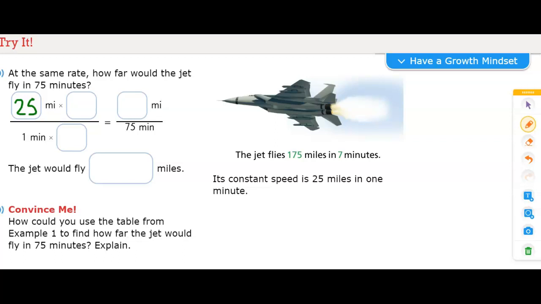So you would need to multiply both the numerator and denominator by 75. 1 times 75 is 75, and 25 times 75 is 1,875 miles. So the jet would fly 1,875 miles at the same speed.